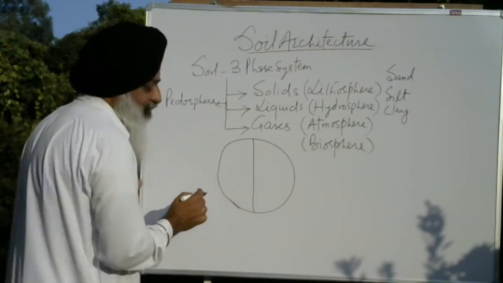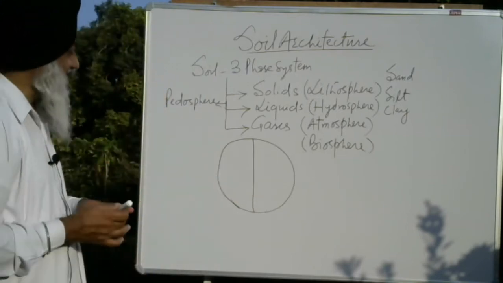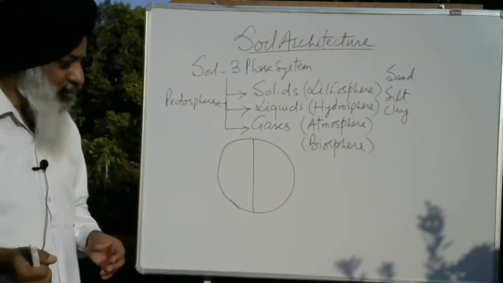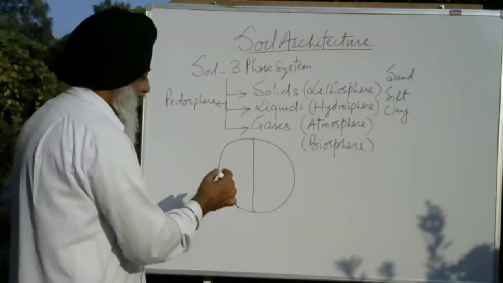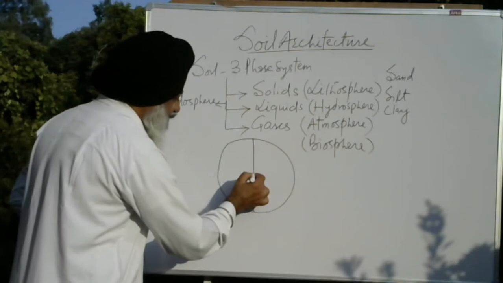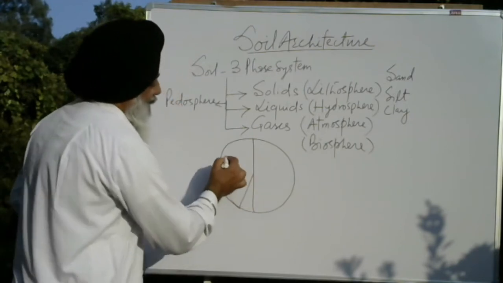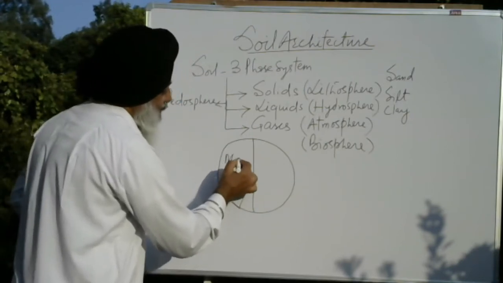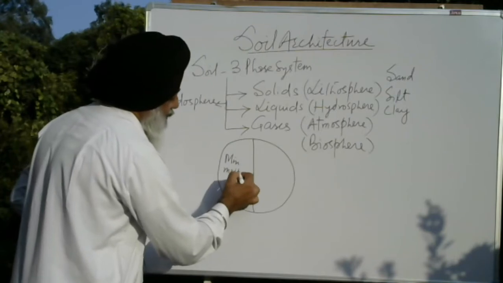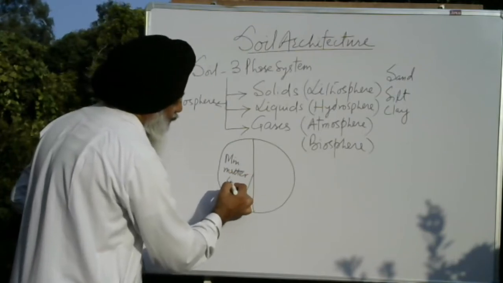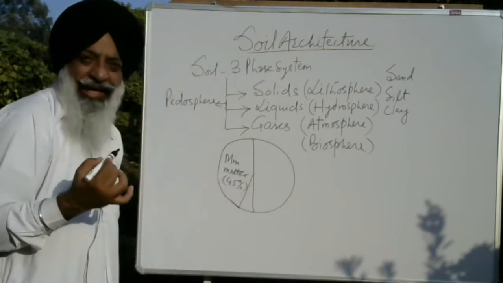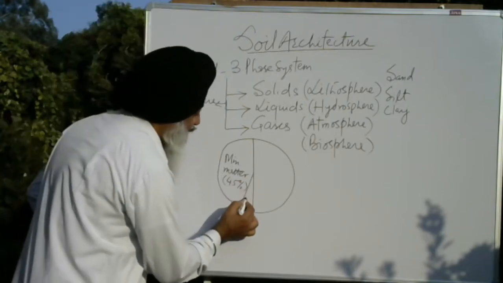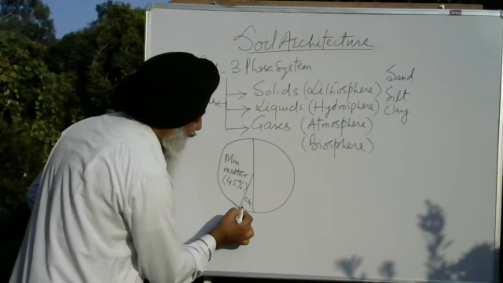Around 50% of the space, the whole volume of the soil, is comprised of soil solids, and soil solids may contain mineral matter. This is around 45%. I am saying this for an ideal soil, ideal composition, and then 5% is organic matter.